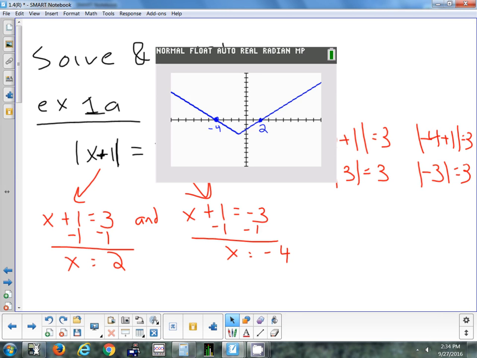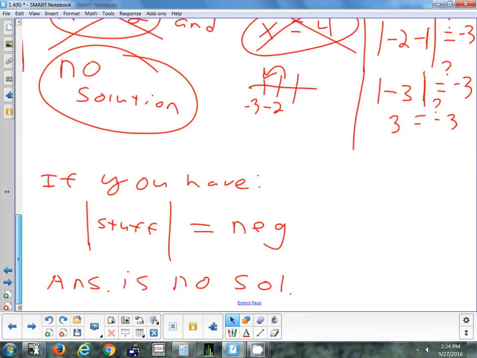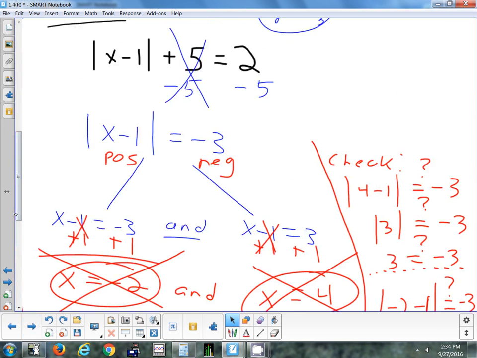So what do you think that would mean about the one we just did? It had no solution. So when I draw that V shape, where do you think it would cross the x-axis? Well, did we get an answer of 0? No, it's not going to cross at 0.